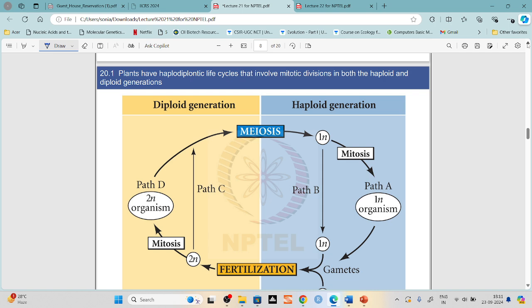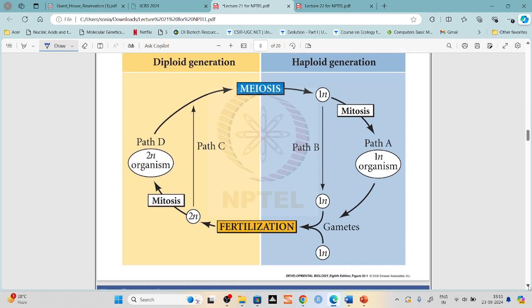Okay, so let us see this image. Let us start with gametes. So we all know that gametes are haploid in nature.